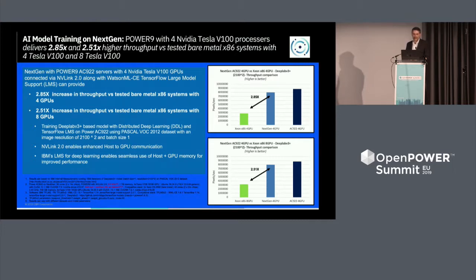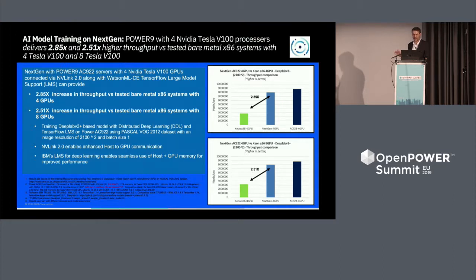So he's taking on the left in the graphs, the green graph would be the Xeon x86 processors and how well they're doing in pixels per second in this sort of training algorithm. And the only difference between that top picture and the bottom one there is that there's 4 GPUs on the top and 8 on the bottom for the Xeon, for the x86.